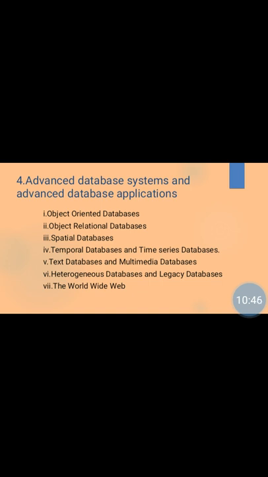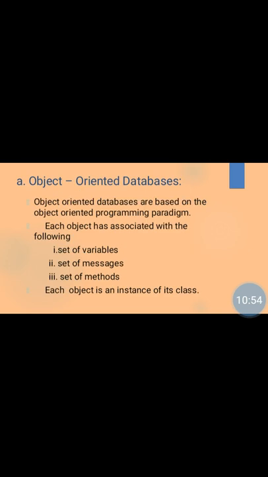The sixth one is heterogeneous databases and legacy databases, and the seventh one is the World Wide Web. These are some advanced database systems. Next we are going to see them one by one.